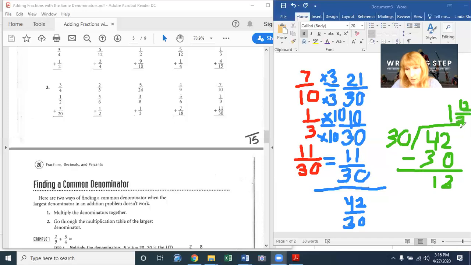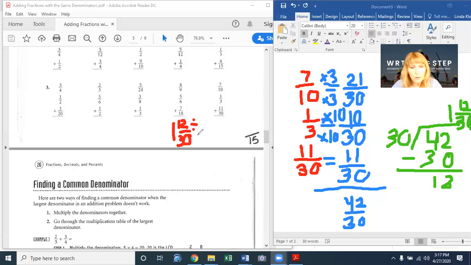Okay, but now getting harder now. That's supposed to be a 30th. We have to reduce 12/30. So it's not going to be just 1 and 12/30. We have to reduce by, what number will go into both 12 and 30?